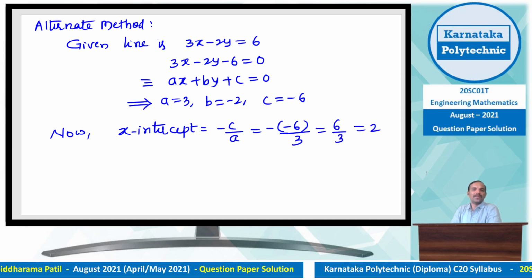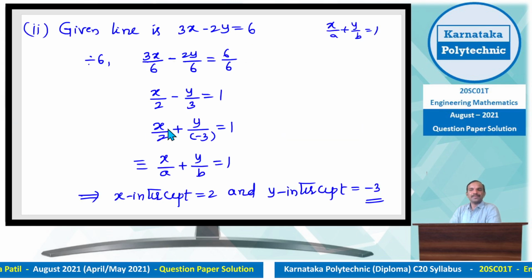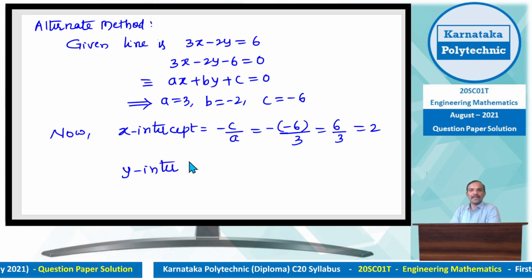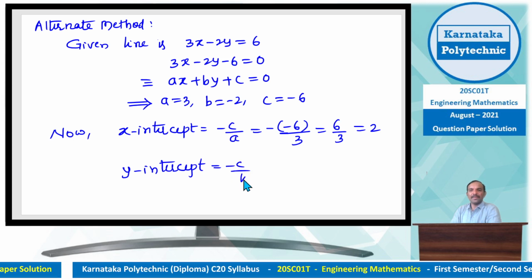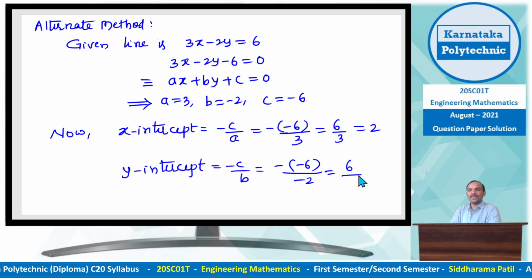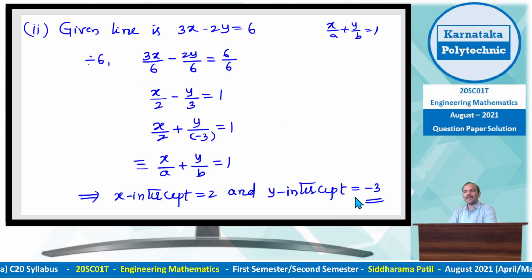Same answer you got as the previous one, x intercept is 2. y intercept equal to minus c by b, minus of minus 6 divided by minus 2, 6 by minus 2 equal to minus 3, same answer, minus 3.